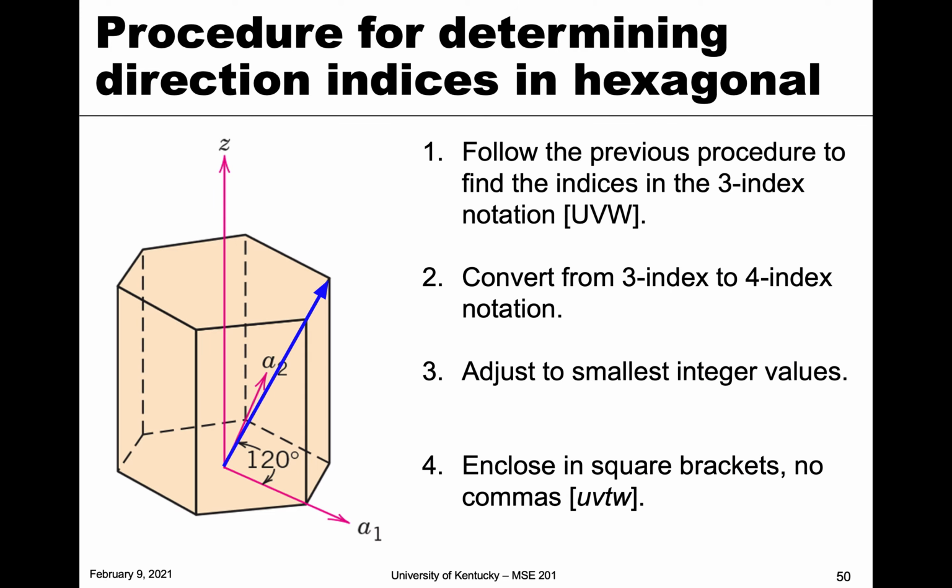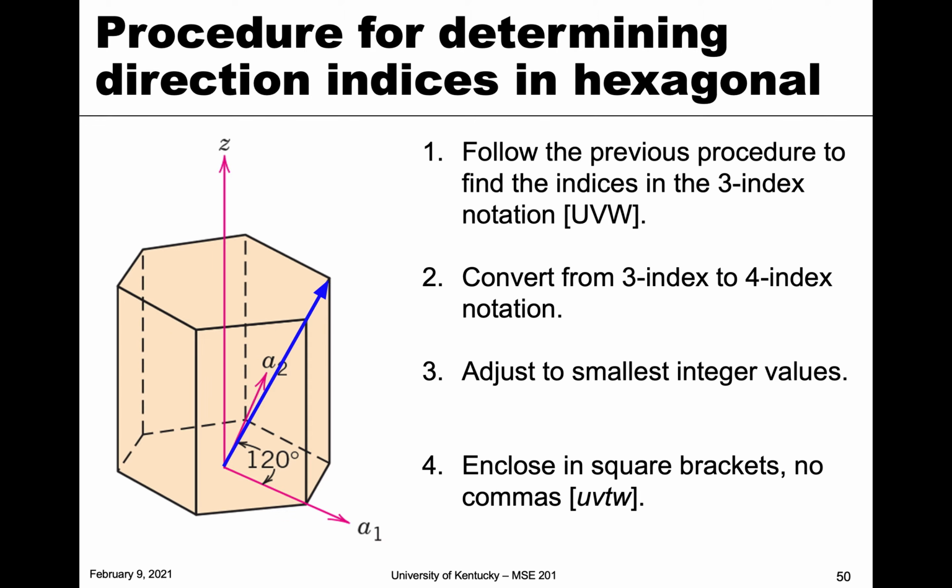And so we had a procedure for determining the directions in other systems, and I'm going to show you the new way to do this in hexagonal. And I caution you from venturing off into different directions here, because it is next to impossible to do this directly in 4 index notation.